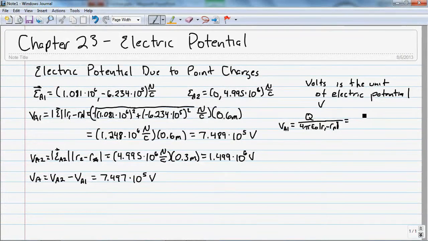That's equal to, that was 50 microcoulombs, and the Q1 was negative.